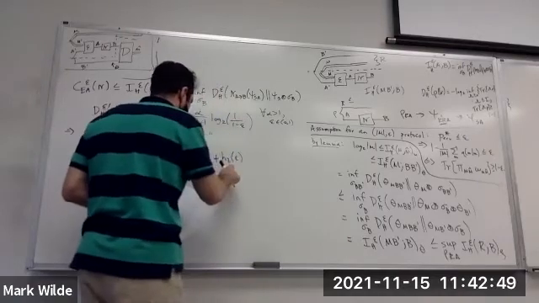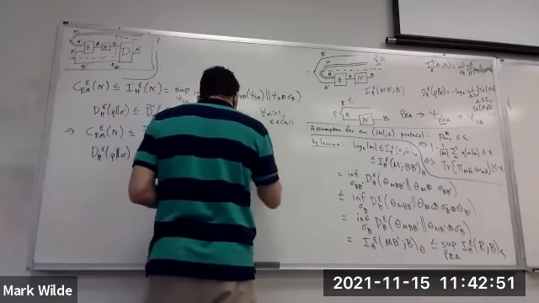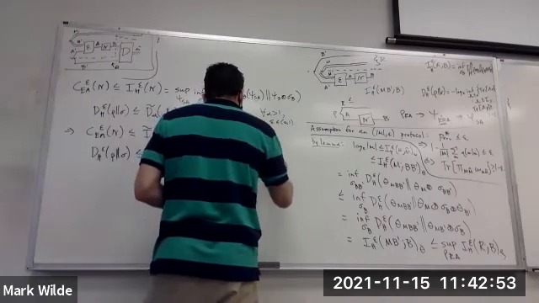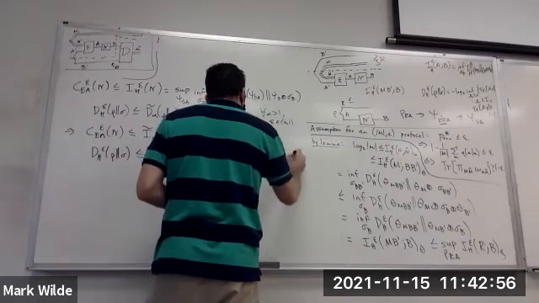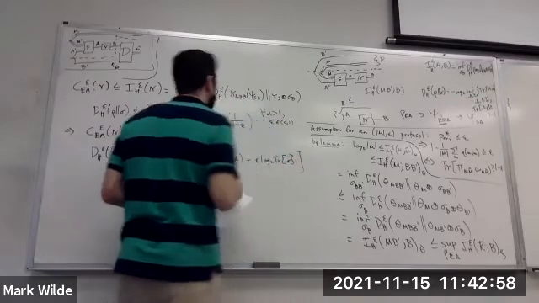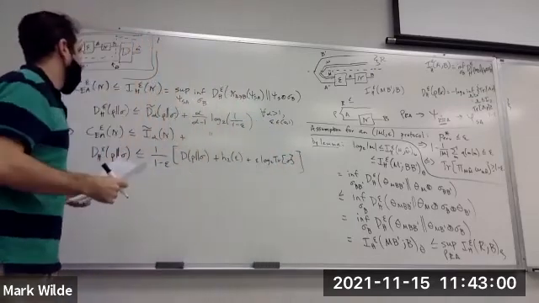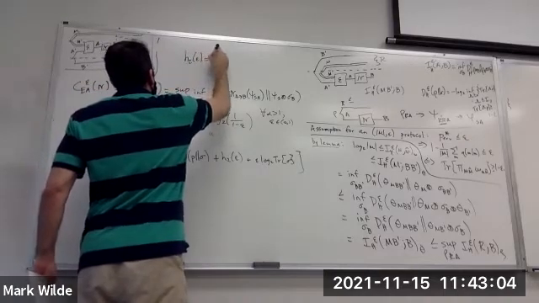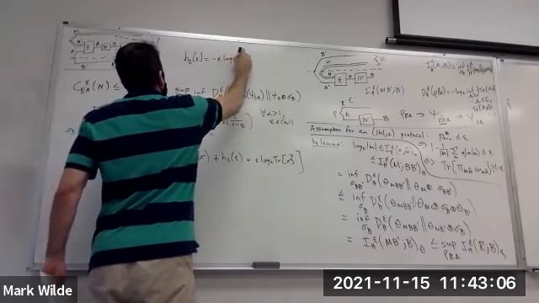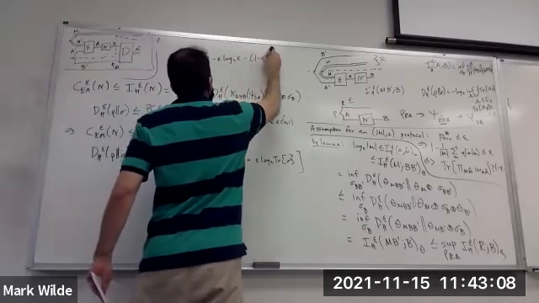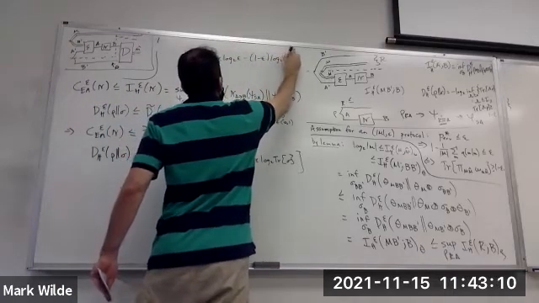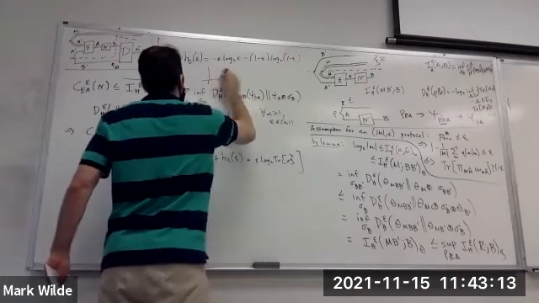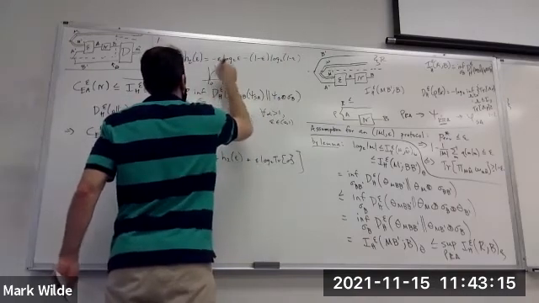This is the binary entropy, defined like this, and it looks like this.